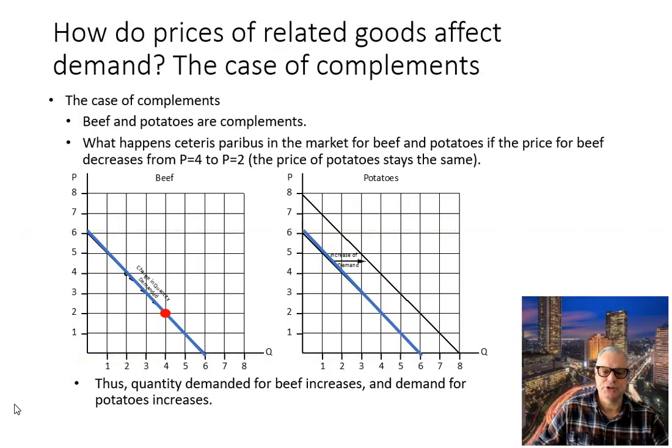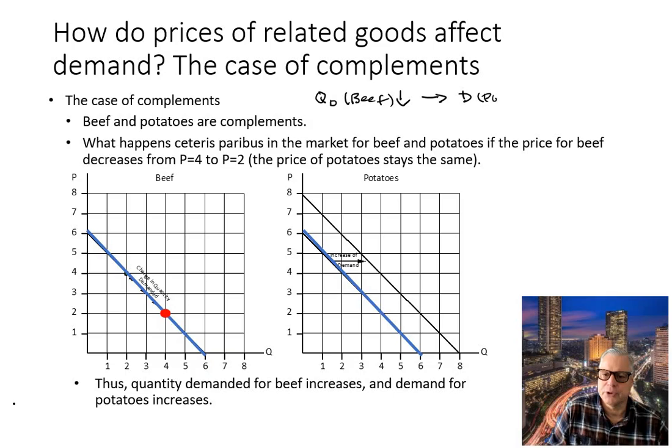So you see the difference between quantity demanded and demand. Again, what happens is quantity demanded for beef goes up and demand for potatoes goes up.